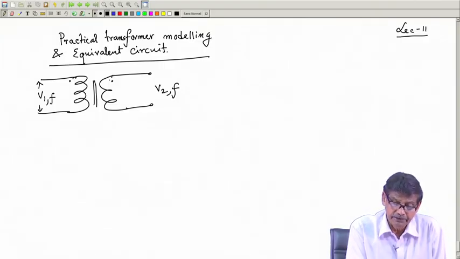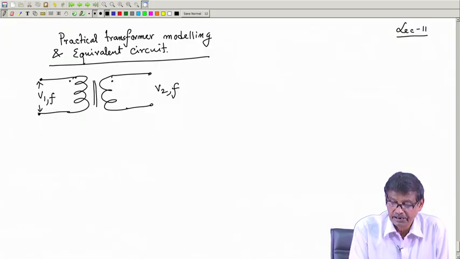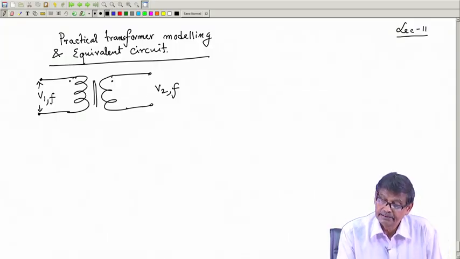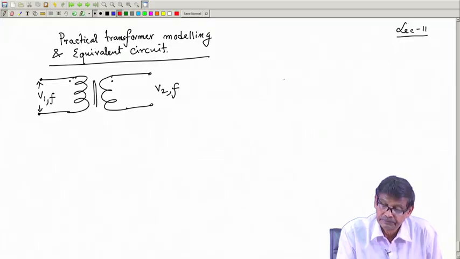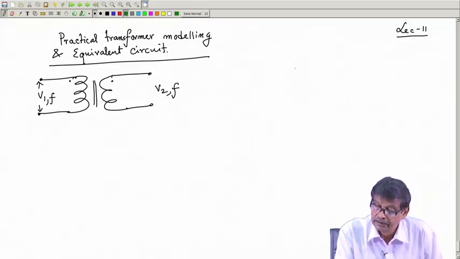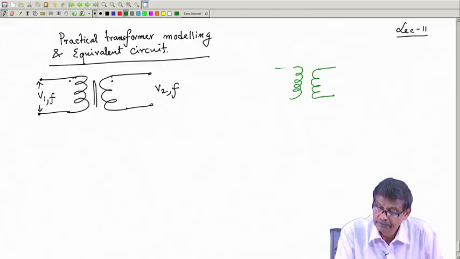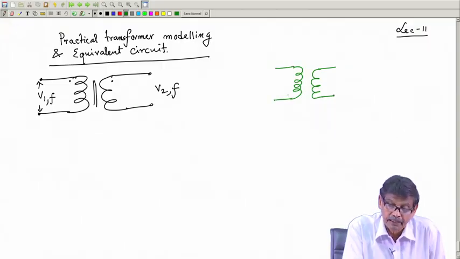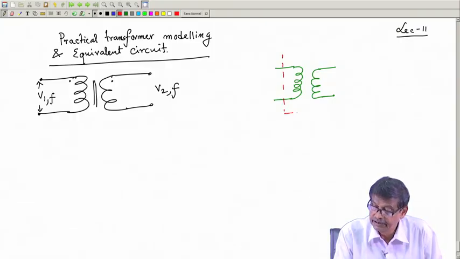With respect to these two terminals available to me, I can model it as an ideal transformer. For example, I will model it by an ideal transformer like this. This portion is the ideal transformer.